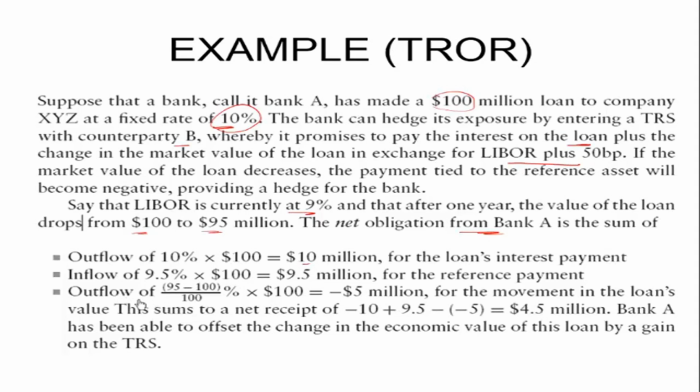And another outflow of the change in value. So had this gone to 105, it would have been an actual outflow. The value has actually gone down by 5 million. So the protection seller will have to give back 5 million, or the net outflow will only be 10 minus 5, that is 5 million, because there was a 5 million drop in value. So the net receipt will come out to be minus 5 plus 9.5, that is 4.5 million.